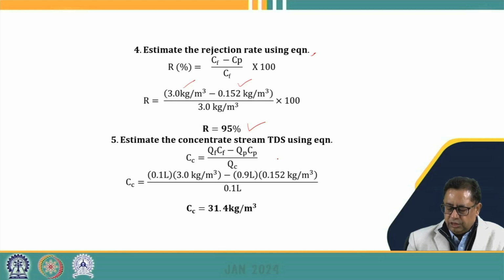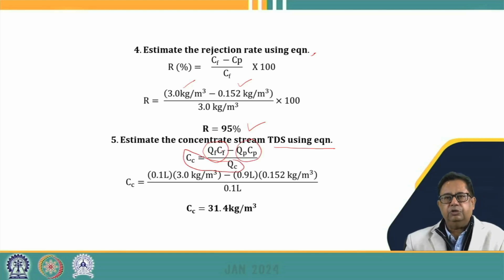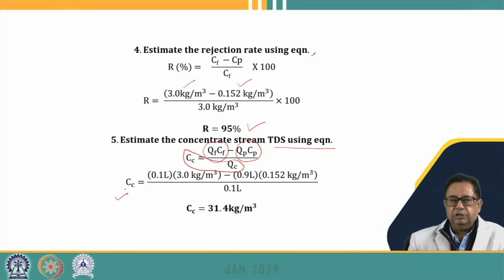So now we can also calculate the concentration of the TDS in the concentrate. That can be calculated by applying the mass balance, where QF into CF, that is the total concentration in the feed, is equal to the total concentration in the permeate plus the total concentration in the concentrate. By applying this mass balance equation, which we have already discussed in the previous slides, we can get the concentration of the TDS in the concentrate.